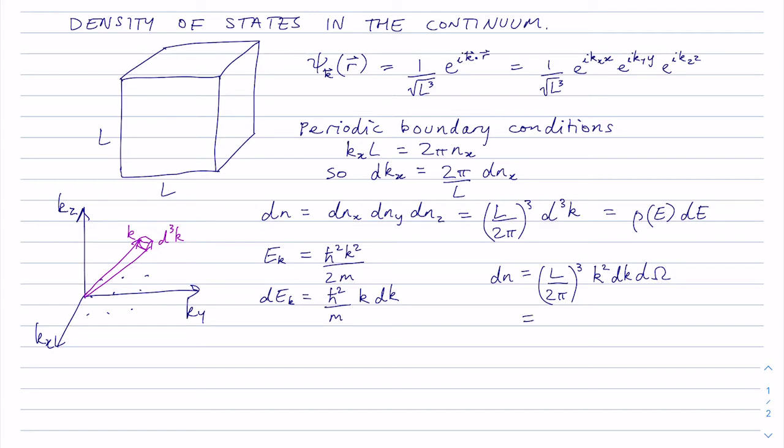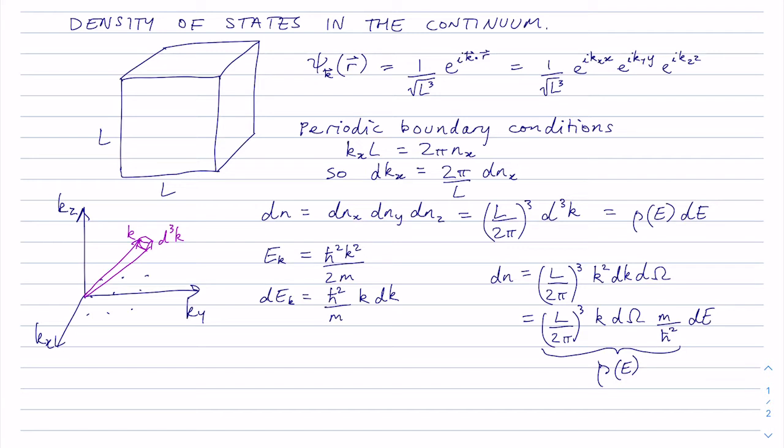I can then write that as L over 2 pi cubed, and now I will take one of those k's and keep it, k d omega, and the other k dk I'm going to replace with m over h bar squared dE. And so this part here is the density of states for a particular value of k.